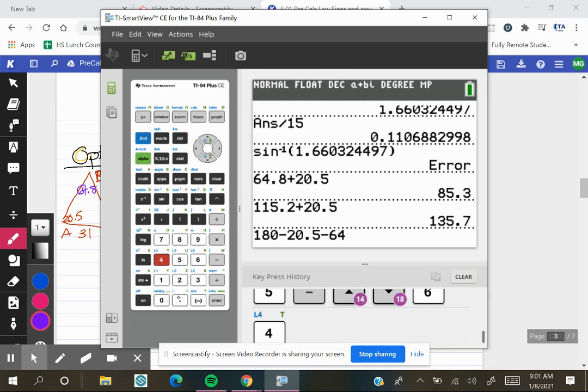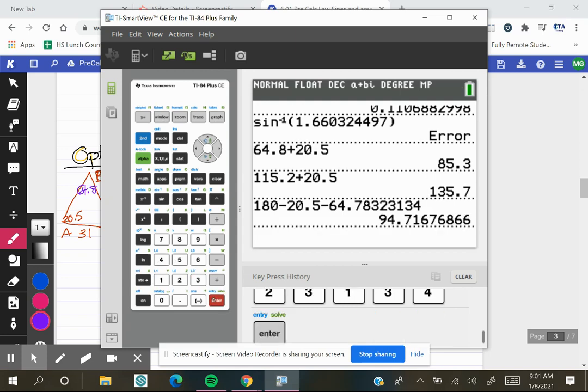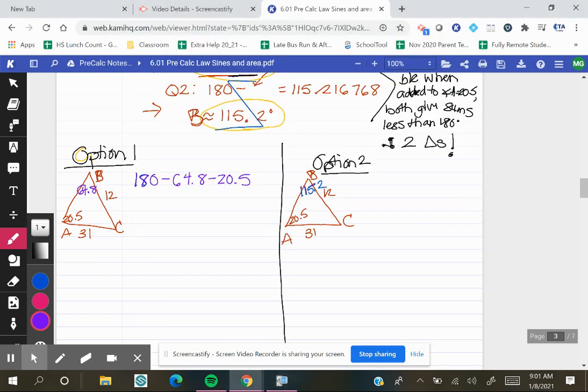So 64.78323134, you guys should have it already in your calculator, so you can go ahead and just grab it. And we'll write out that whole decimal, and then we'll round it. So make sure you use the long decimal here.